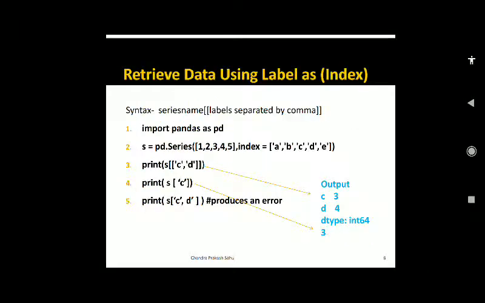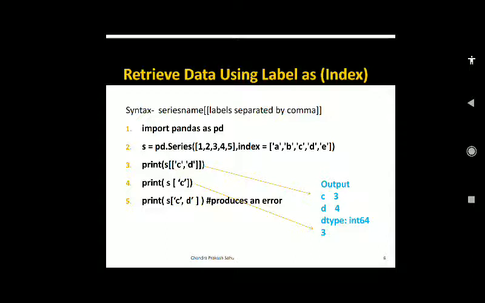Retrieve data using labels as index. You can access data of any series by using labels. That means if the index is given A, B, C, D, E here as in this example, you can use labels to retrieve data.